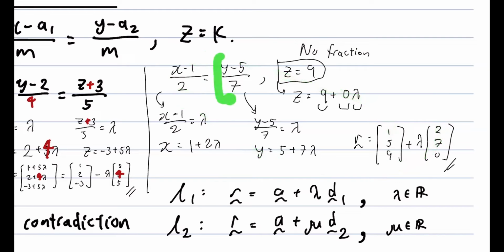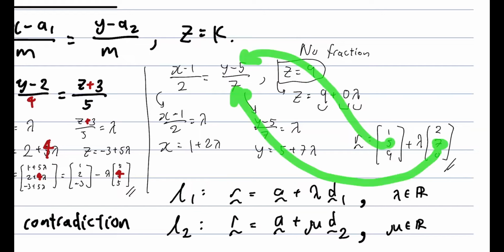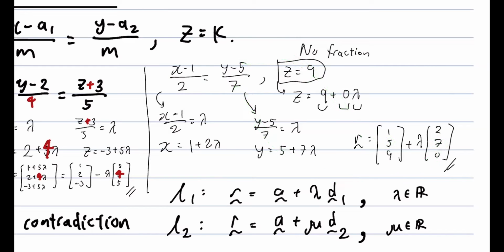Then y minus 5 over 7. How do you get a 5? How do you get a 7? Minus away the 5, divide by the 7. And also the last one is z. You can interpret it as z minus 9. You minus away a 9, then you divide by 0. But you cannot divide by 0, so you don't divide by 0. So it equals 0.